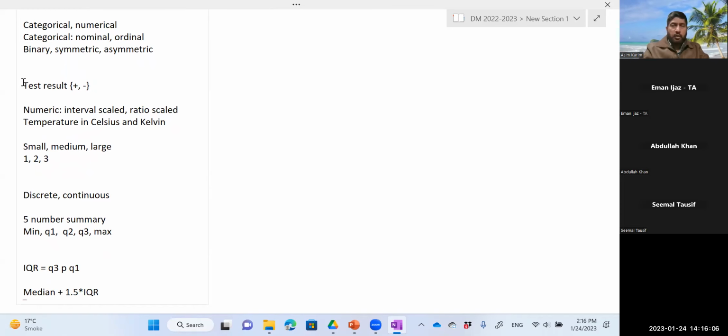If a value lies beyond this or is greater than this, then it can be considered an outlier. On the flip side, median minus 1.5 into IQR would also be an outlier. Again, these are thumb rules. It's not like this will work all the time. You can always change this. This is a thumb rule that has been used and is given in the textbook as well.